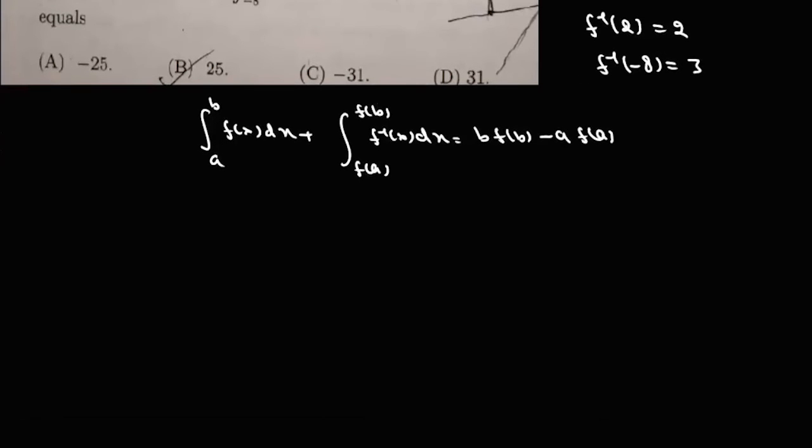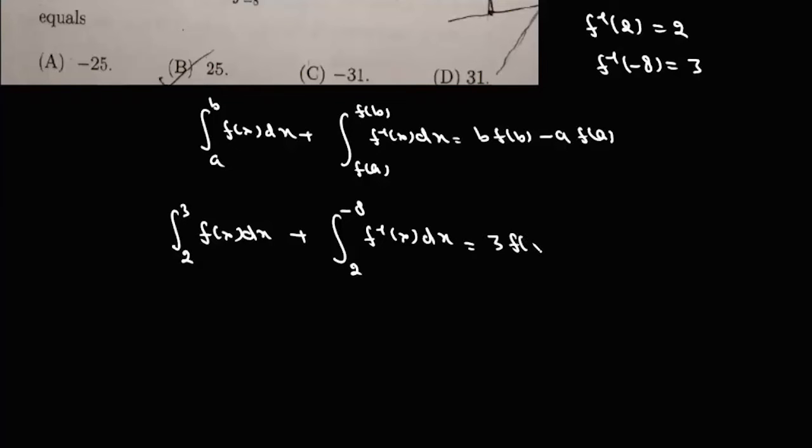So now we can write this integral from 2 to 3 of f(x) dx plus this integral, now f(2) is 2 and f(3) is minus 8, so there will be f inverse x dx, and it will be b f(b) minus a f(a), that is 3 f(3) minus 2 f(2). Now this is minus 3 plus this integral from 2 to minus 8 of f inverse x dx.